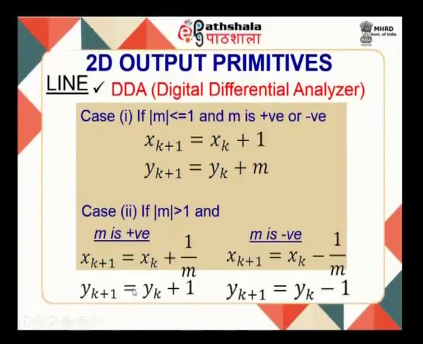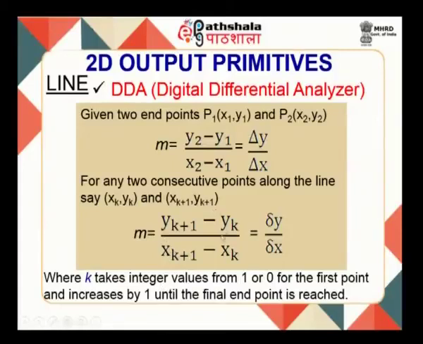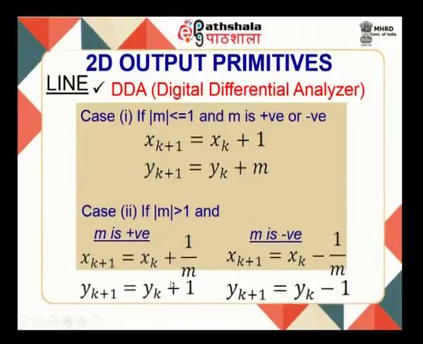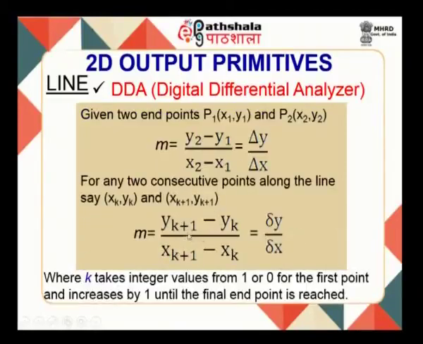So, y k plus 1 is equal to y k plus 1, and we substitute this value of y k plus 1 in the slope equation. The numerator then becomes 1 divided by x k plus 1 minus x k.